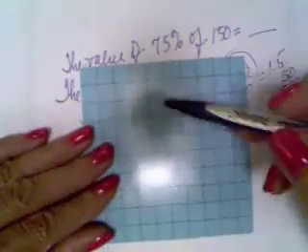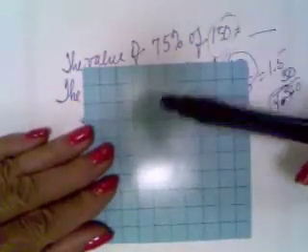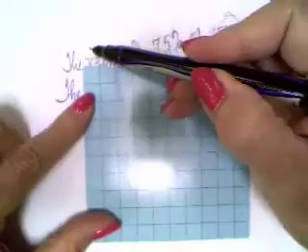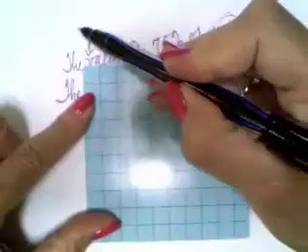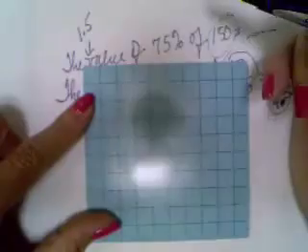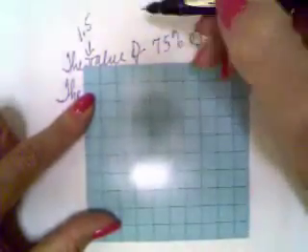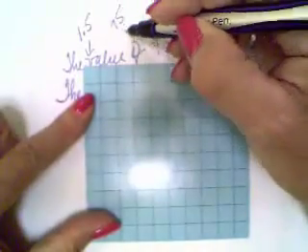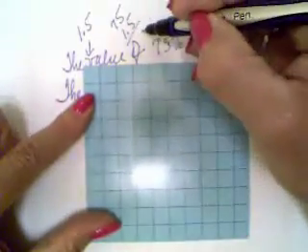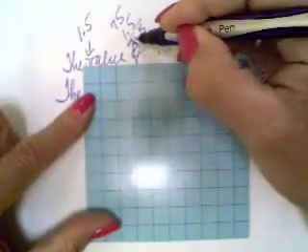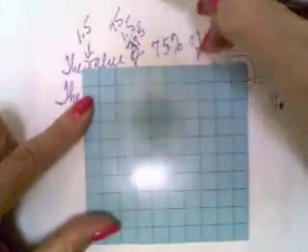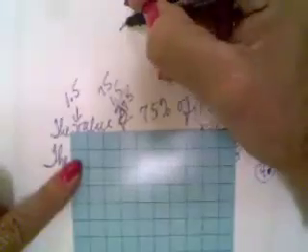So if I look at 150 and I know that each square has a value of 1 5/10, then I can take 75 times 1 5/10. Let me move that up so you can see better.